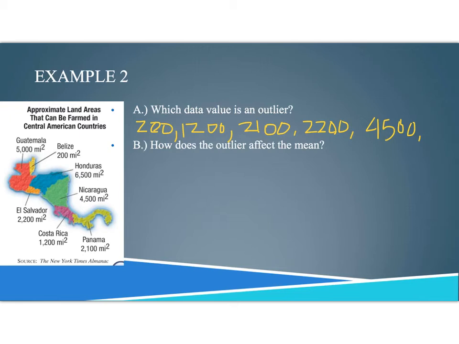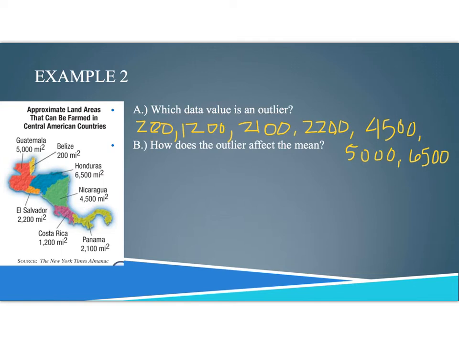Then we have Guatemala at 5,000. And last but not least, we'll have Honduras at 6,500. So these are all of our data points written from least to greatest. Now with an outlier, we're typically looking to see either something that's really, really small or really, really big. So you want to look on your outside edges.